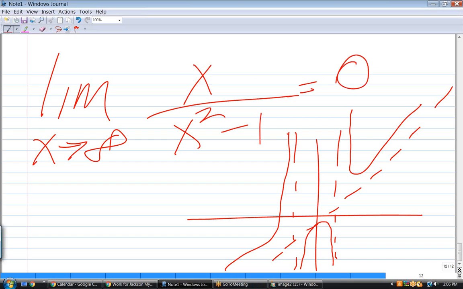So if the top blows up, it goes to infinity or negative infinity. And if I put the cube back on there and I want to know what happens as x goes to negative infinity, well, the function goes to negative infinity. It blows up on the negative side.